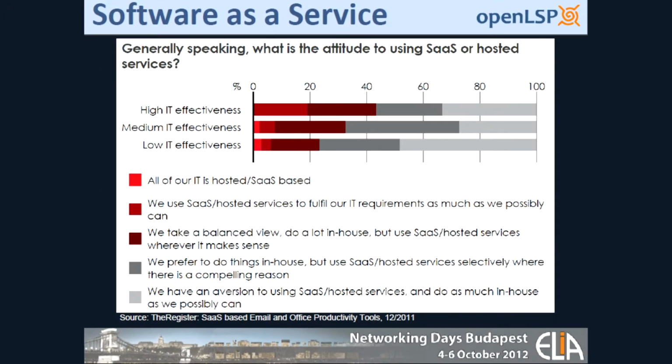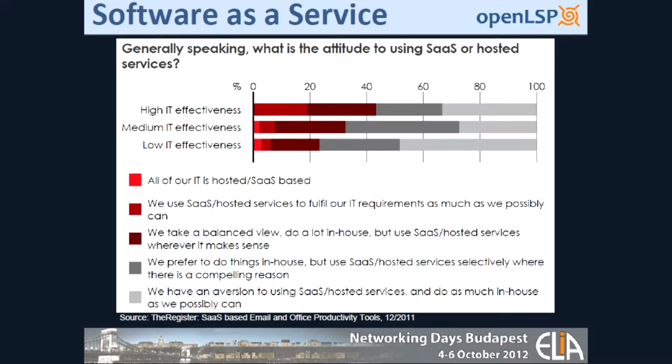So these are the results of a study on adoption of software as a service conducted in Europe in company sizes, not the really big players, so it's pretty relevant, I would say, to this audience. So it's companies up to 1,000 employees. And in this study, the companies were first rated for IT effectiveness.